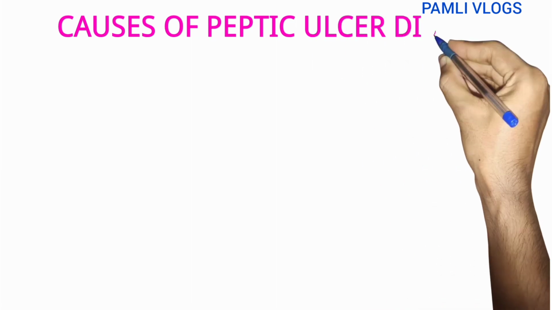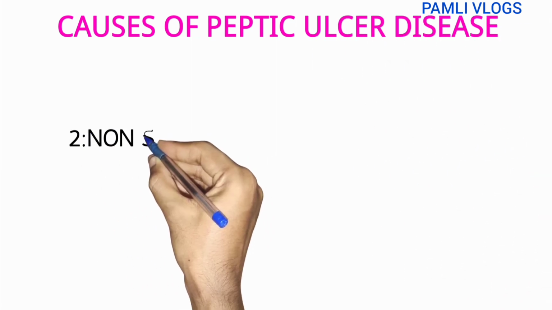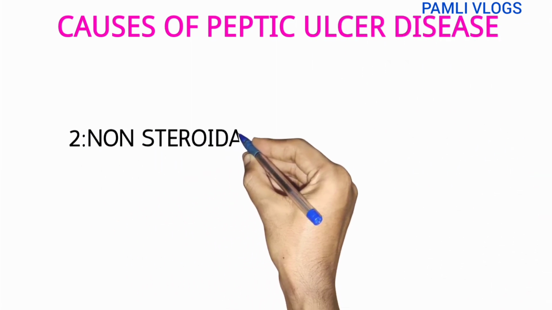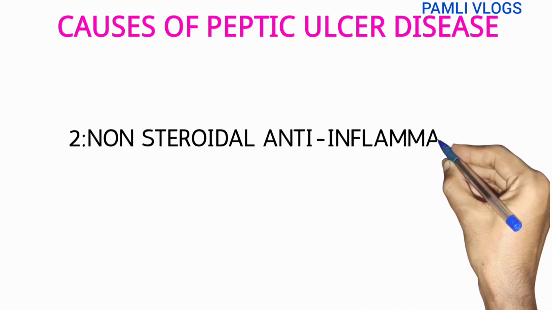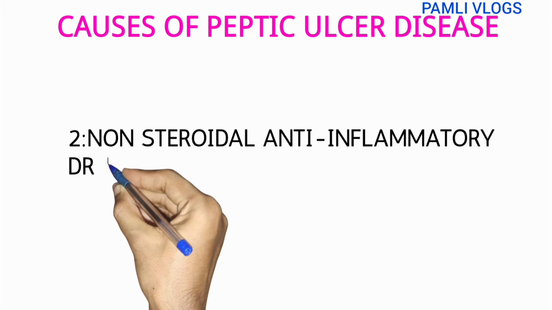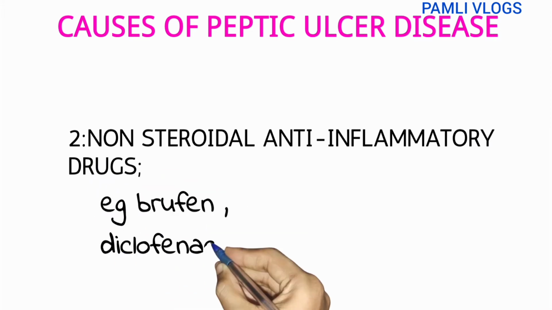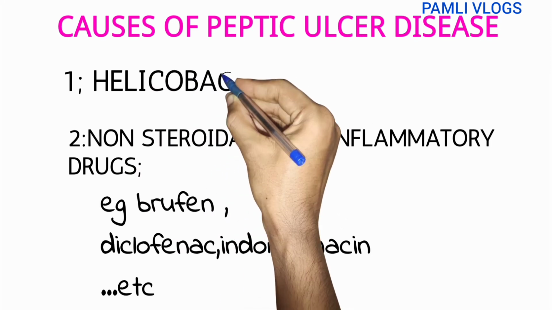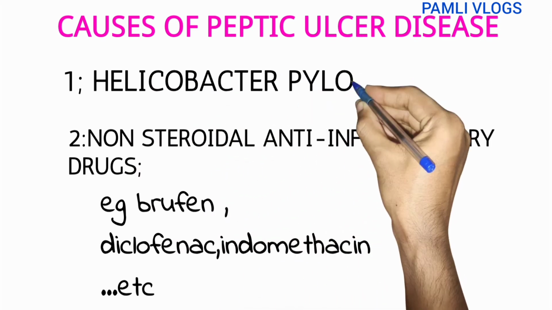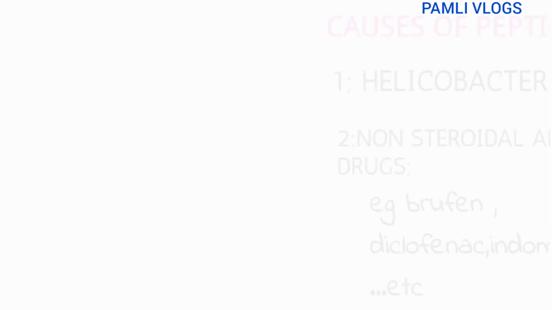Now, causes of peptic ulcer disease. As I've mentioned earlier, the number 1 cause of peptic ulcer disease is Helicobacter pylori. We also have non-steroidal anti-inflammatory drugs like brufen, diclofenac, and indomethacin playing a great role in causing peptic ulcer disease.